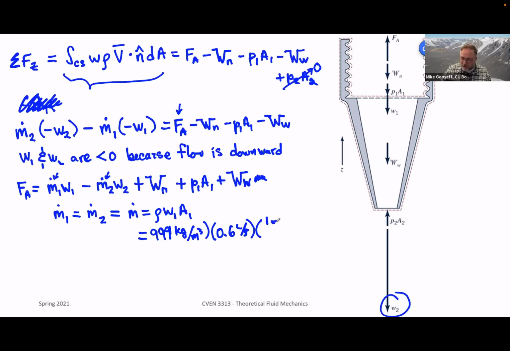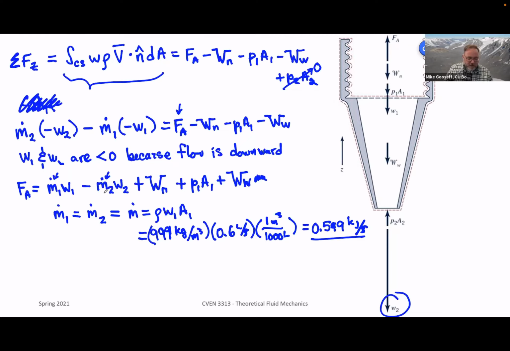So 1 meter cubed is equal to 1,000 liters. And that comes out to 0.599 kilograms per second. And I guess that's all we need. Okay. So that will now go into these two locations.